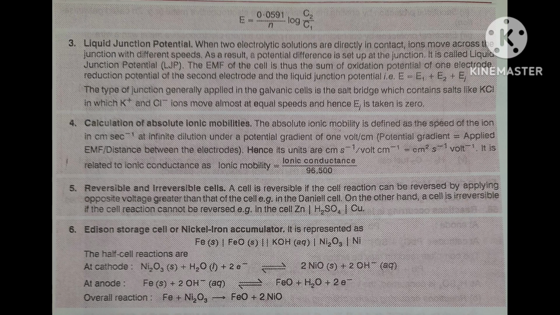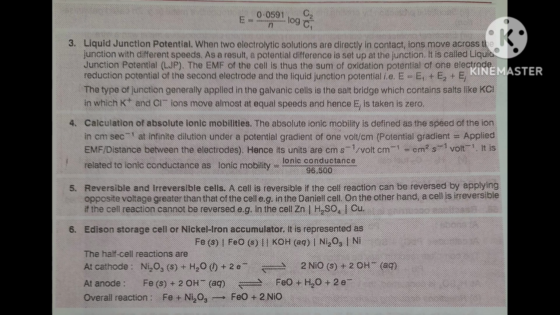The ions of both solutions move across the junction, near the junction, with different speeds. Ions will be of different speed. This is the important thing. Because the speeds are different, they will not all reach at a time.